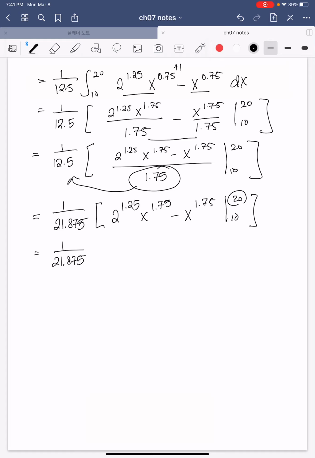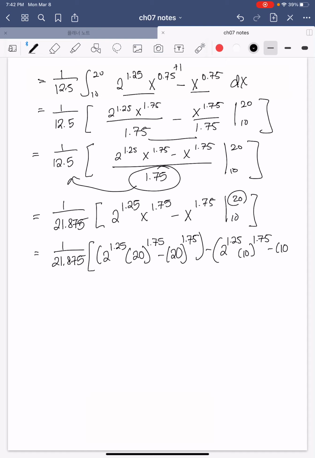If I plug in 20, I have 2 raised to 1.25 times 20 raised to 1.75 minus 20 raised to 1.75, minus 2 raised to 1.25 times 10 raised to 1.75 minus 10 raised to 1.75, the whole thing.